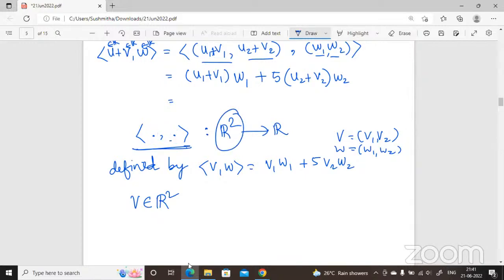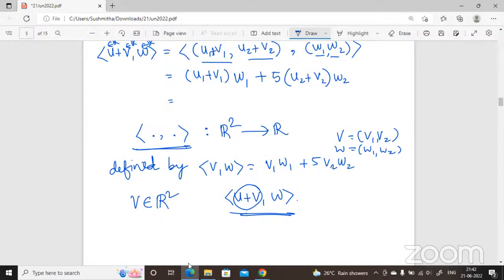So if I want to write inner product U plus V comma W, where should this U plus V be? In R2 only. All the vectors on which we are talking about this particular inner product should belong to R2, and only if they are in R2 can I talk about this inner product. Is it clear?